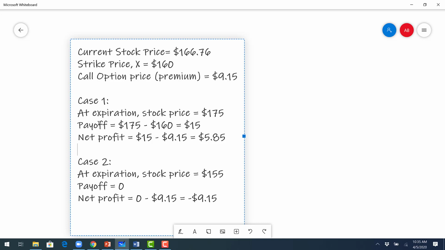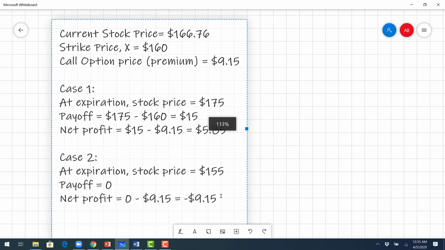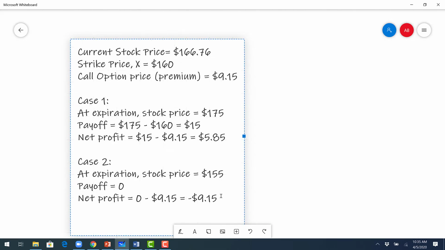If you just have a call option position, if price goes up, you can make huge gains, but if the price goes down, you can end up losing a huge amount of money. At 160 or lower, there is a huge range of prices over which your loss is going to be 100%. All right, so that is how options work, and this example illustrates the riskiness of option positions.